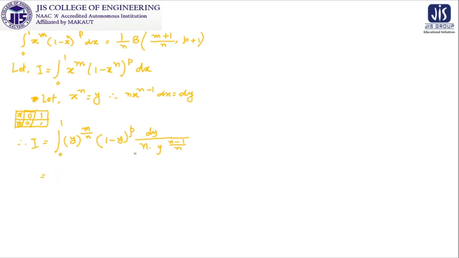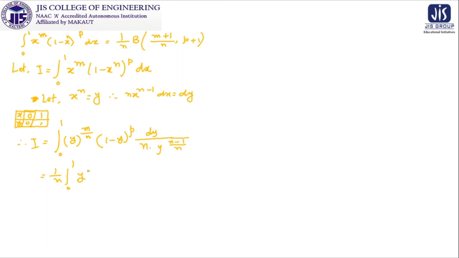Now in the next line, this n is constant, so 1 by n is taken outside. It is 0 to 1. What we can do? y to the power m by n, and here it is n minus 1 by n, so it will be coming in the upper part. So what is the result? It is y to the power minus n minus 1 by n.